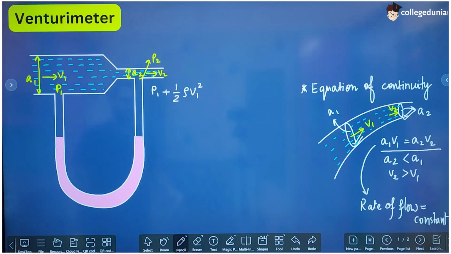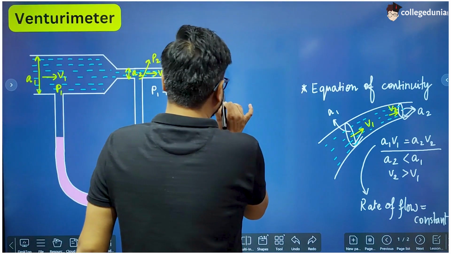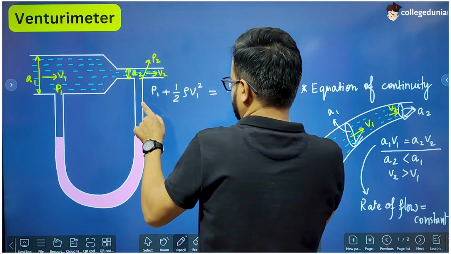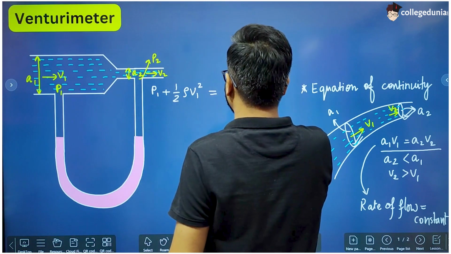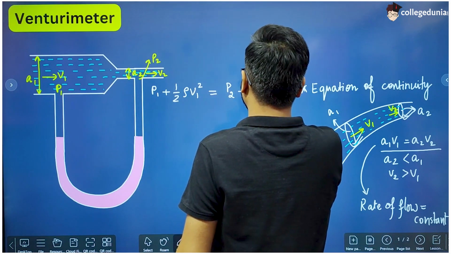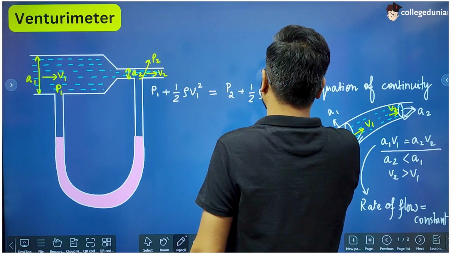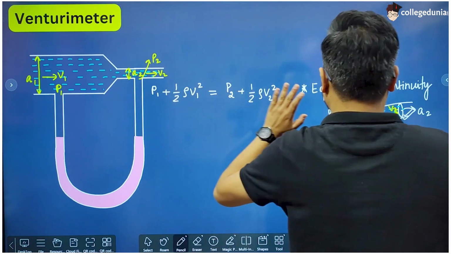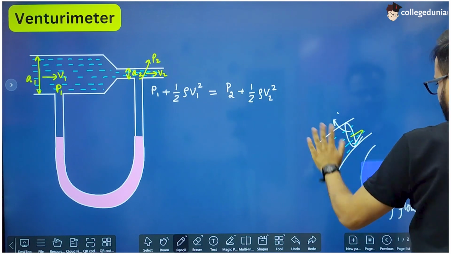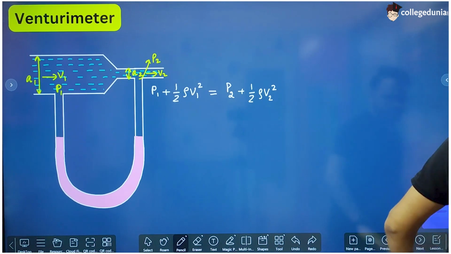So this is the sum of pressure energy per unit volume and kinetic energy per unit volume at this part, and this is the sum of the same thing at this part, right?